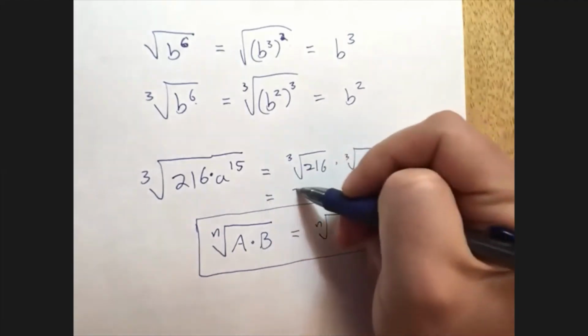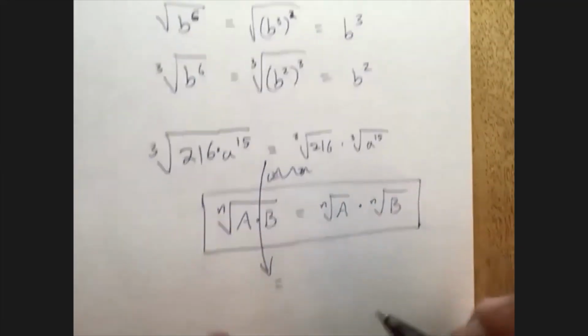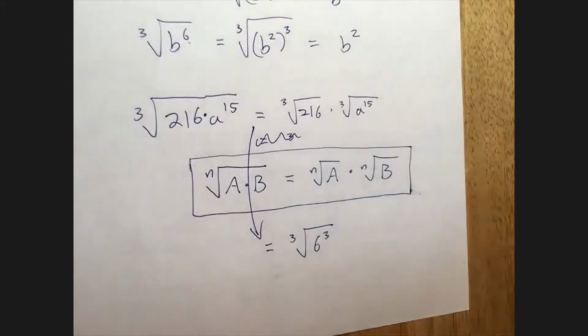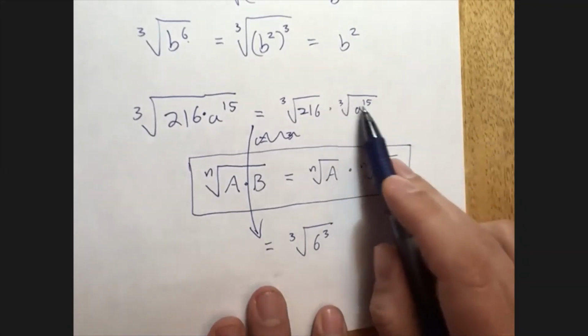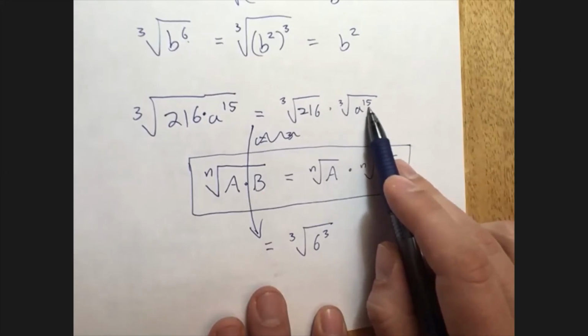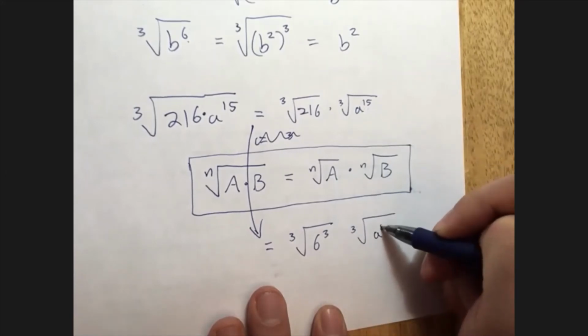So this is the cubed root. This is exactly 6 cubed. And what will I do with this guy over here? Well, what cubed gives me a to the 15? Well, a to the 5.